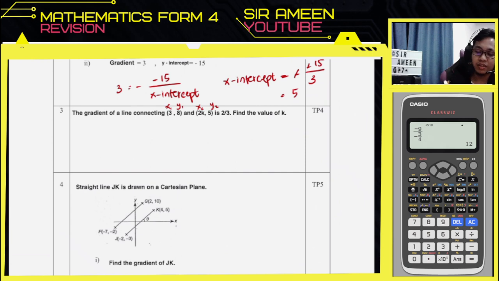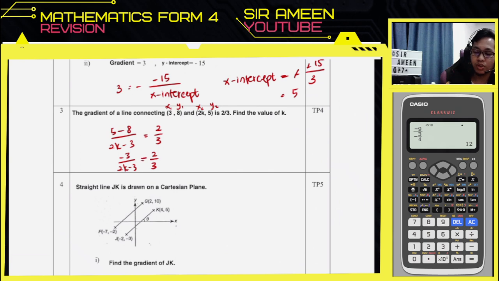Since the gradient is 2 over 3, Y2 minus Y1 would be 5 minus 8 over 2k minus 3 equal to 2 over 3. So 5 minus 8 would be negative 3 over 2k minus 3, equal to 2 over 3.